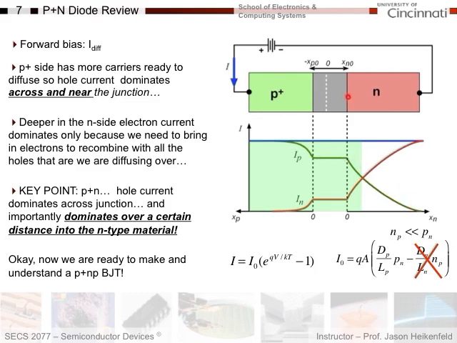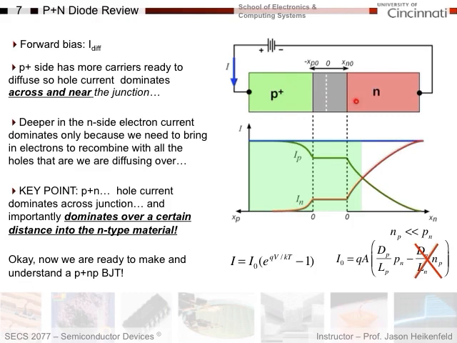As these holes show up in N-type material, they're recombining with electrons, right? And there's also electrons coming this way. If I go way out to this end, it's all electron current. And the current comes in, and most of these electrons here are just coming in to recombine with the holes I brought over. And by the time the electrons get to the other side, there aren't many electrons because most of the electrons have recombined with all these holes I'm diffusing over this way.